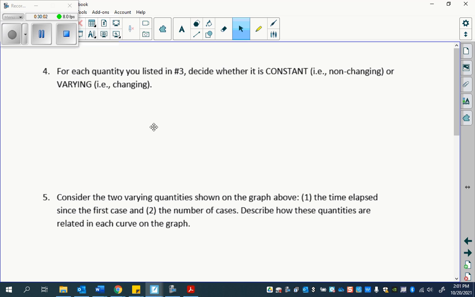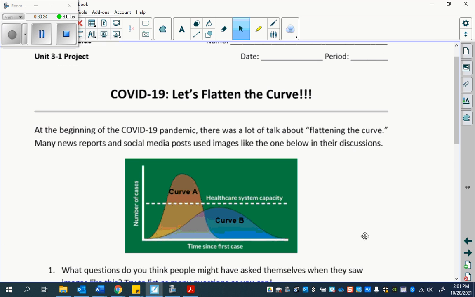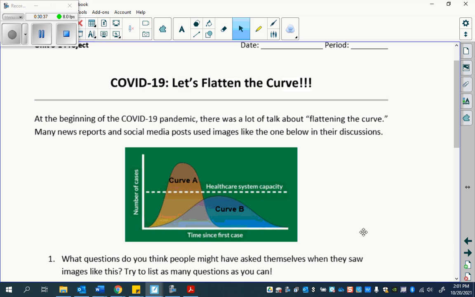So when you move down to number 5, what you're looking at specifically is, how are we going to flatten the curve? You always imagine somebody just smushing it down, right? But how is that going to happen? And what's going to happen between those values of time and number of cases? So when you go back and look at that curve that we have, I can't necessarily say we have fewer cases in case B. I don't think case B is any fewer cases overall.